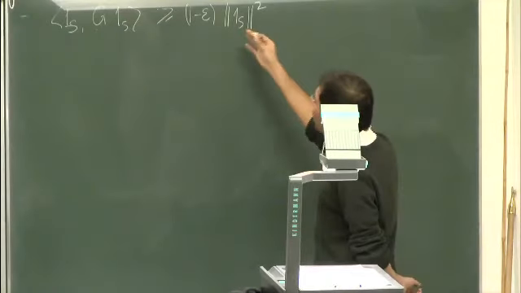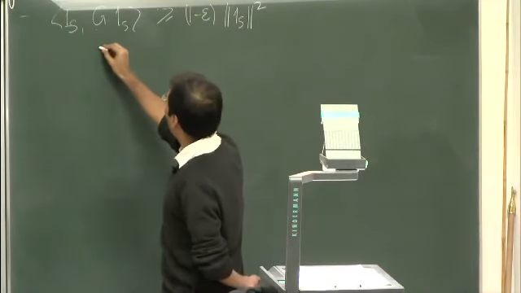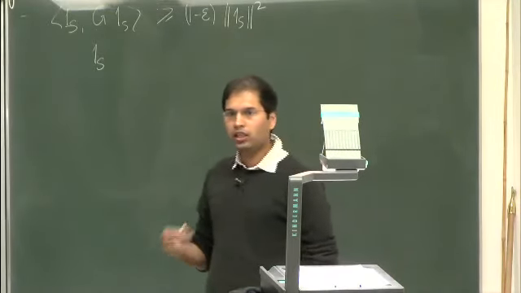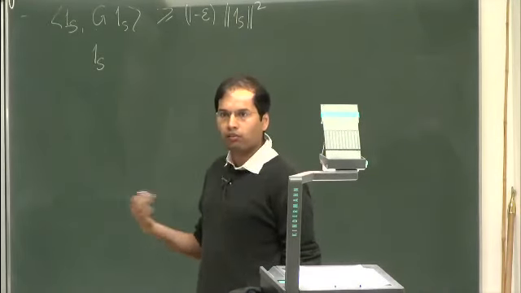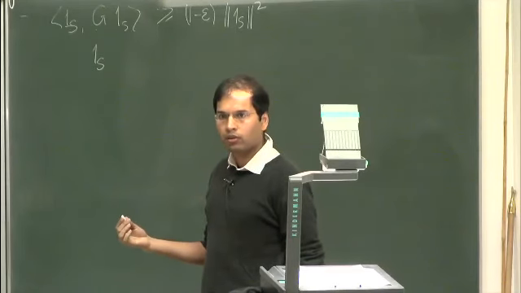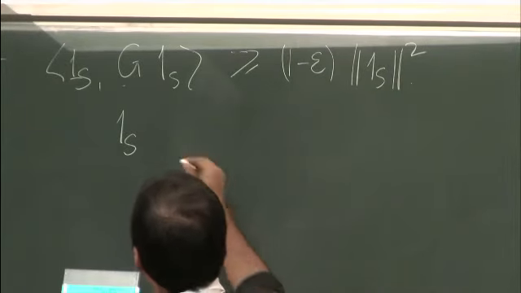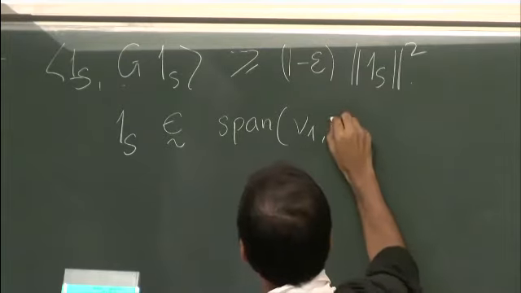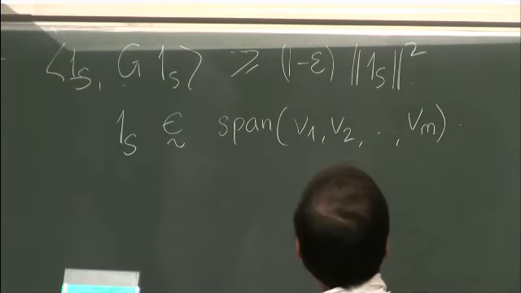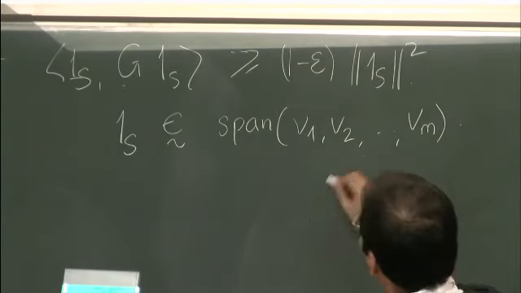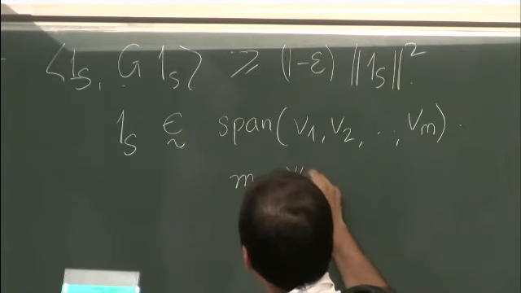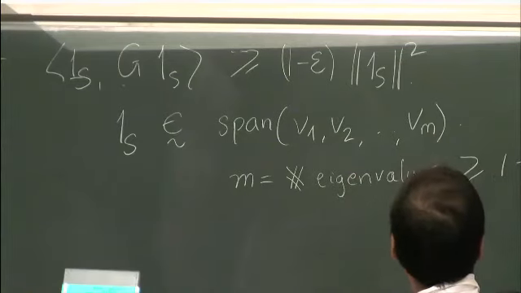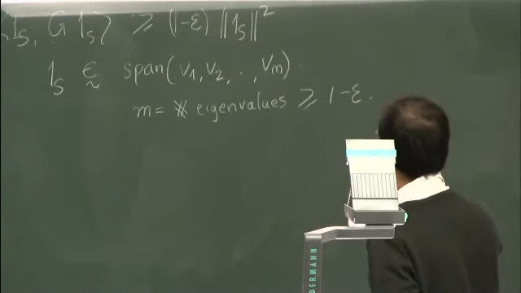Roughly speaking, this implies that the vector 1 sub S should essentially be in the linear span of eigenvectors whose eigenvalue is at least 1 minus epsilon. So it should essentially be inside the linear span of vectors v1, v2 up to vm, which are the eigenvectors, where m is the number of eigenvalues that are at least 1 minus epsilon. So this is an observation.